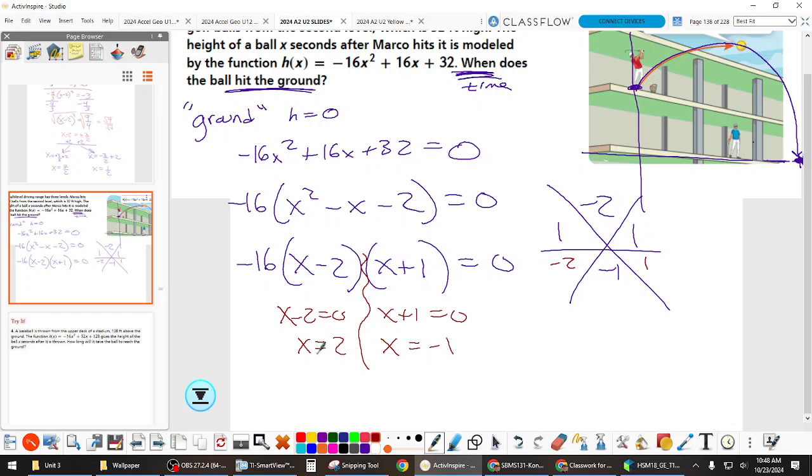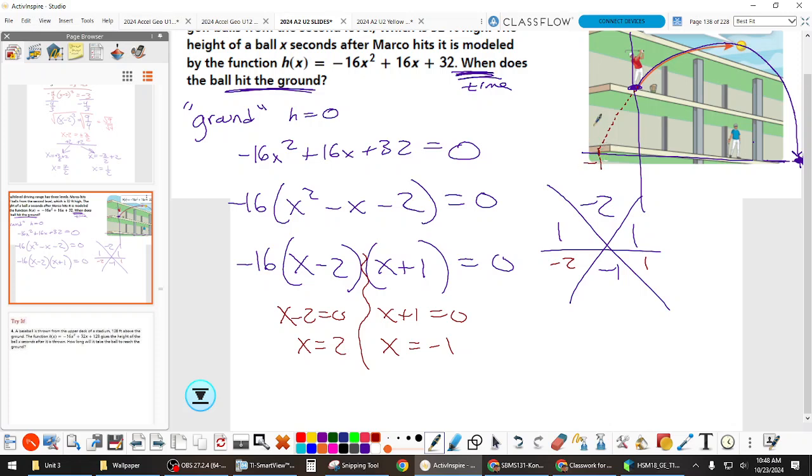Why is there a negative answer? And like this is an in context, I hit the ball problem. Why is there a time that's negative? Technically. So look, if we took away the golf and just looked at this as a parabola, that's that negative 1.